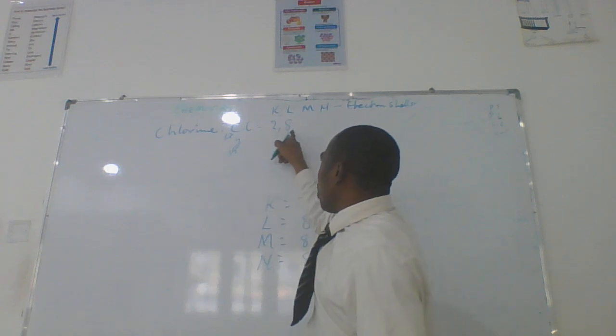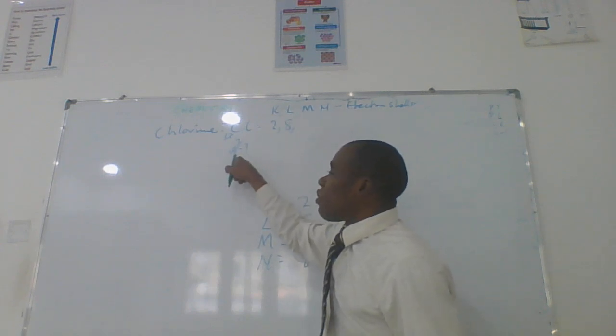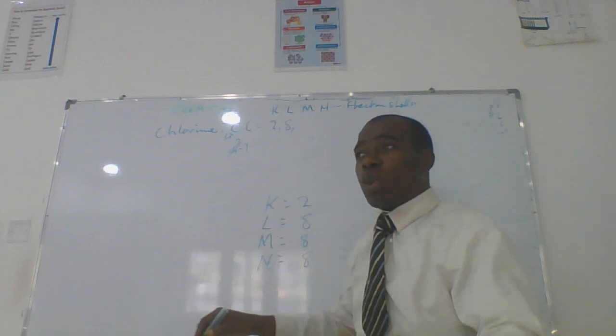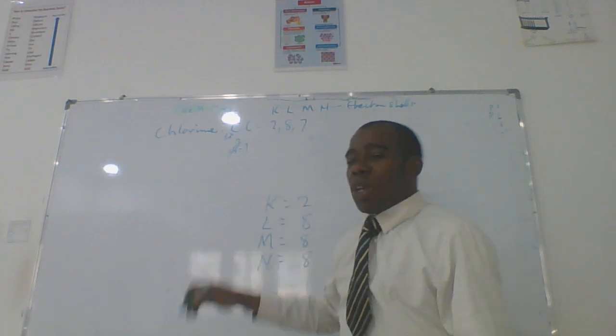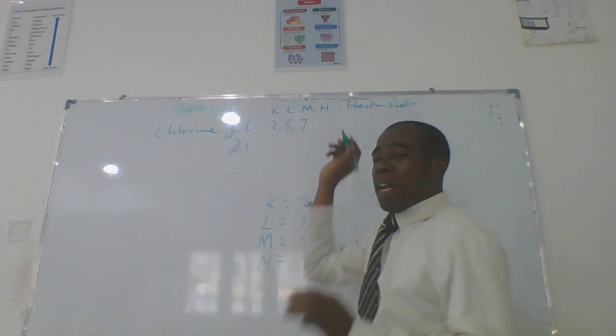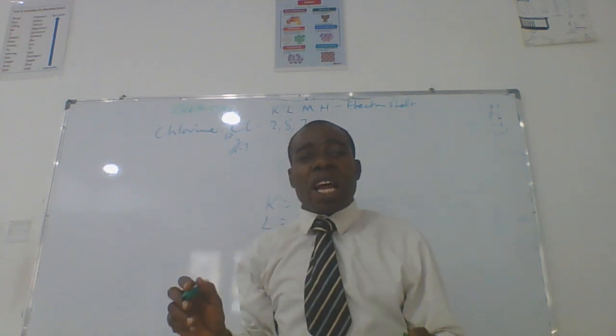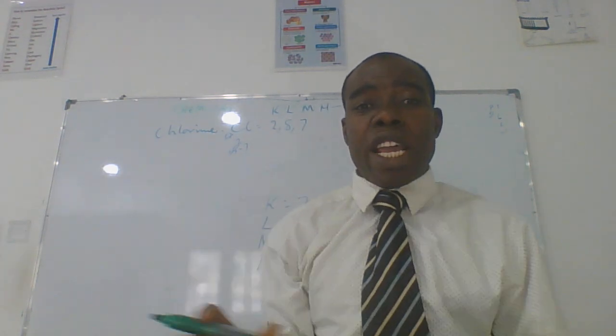So this is the 8 I took from 15, and I'm left with 7. The remaining 7 now moves on to the next shell, meaning that the N shell will have nothing there. So nothing will be here. So it means that the electronic configuration of chlorine is 2, 8, 7.